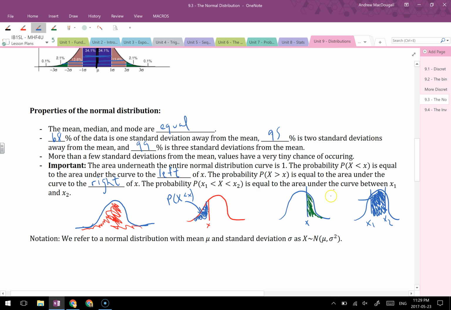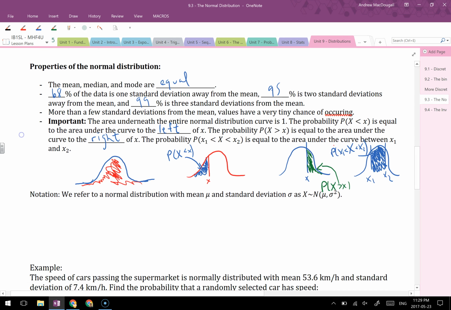So this is the probability that x is between x1 and x2, and this was the probability that x was greater than a little x. So finding probabilities for normal distributions is related to finding the area underneath the bell curve that matches the situation you're in.